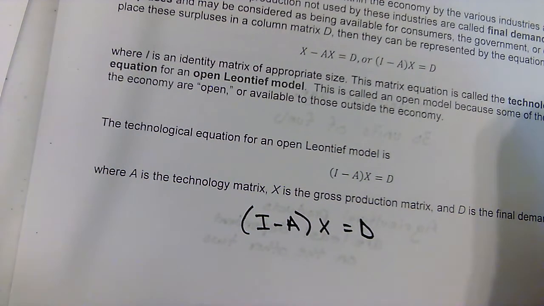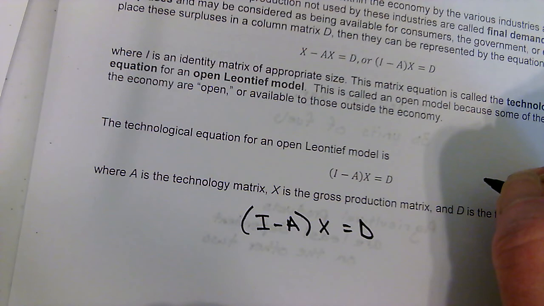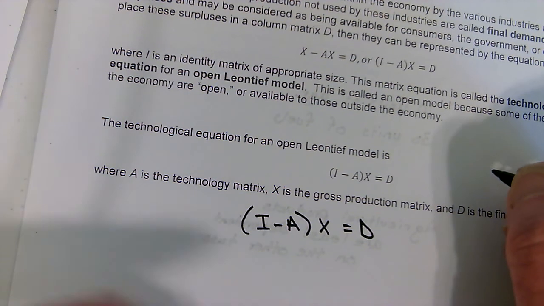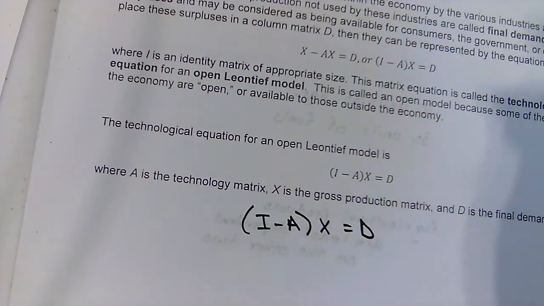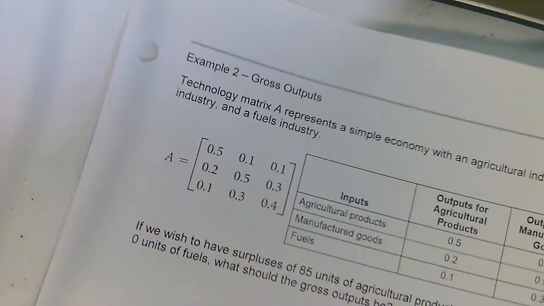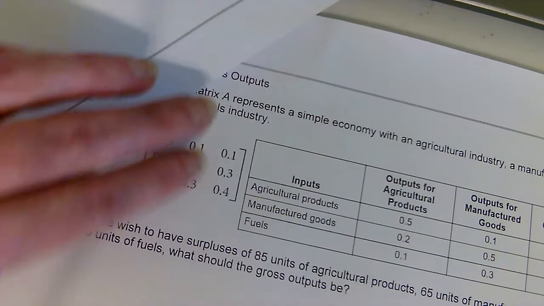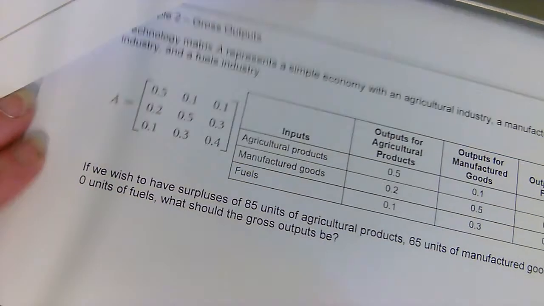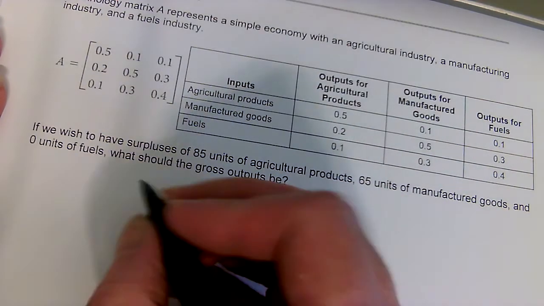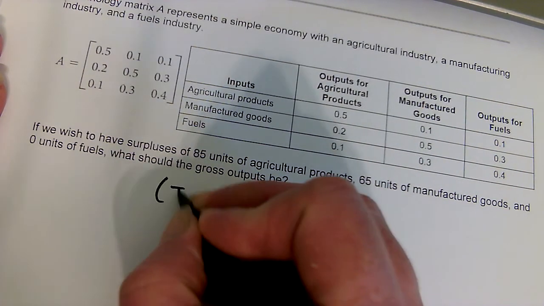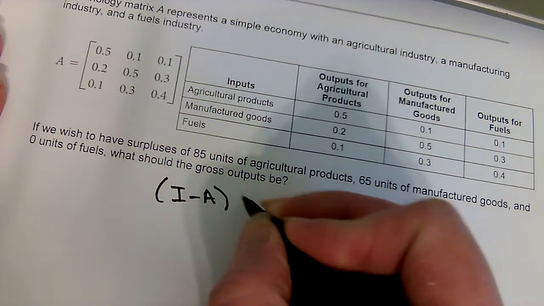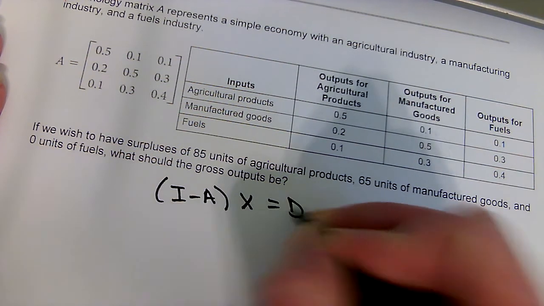I actually wrote it as example 2. It's really example 1. So here's the surpluses we want to get. I just wrote it on the wrong page. So I minus A times X is going to give me my surplus.